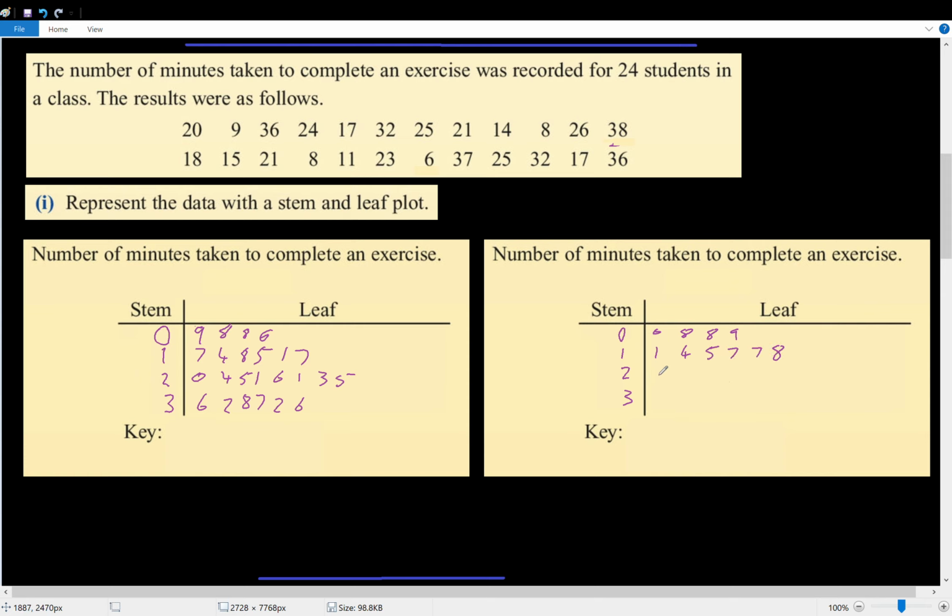The 2s, we're going to have 0, 1, 1, 3, 4, 5, 5, 6. And then for the 3s, we're going to have 2, 2, 6, 6, 7, 8.